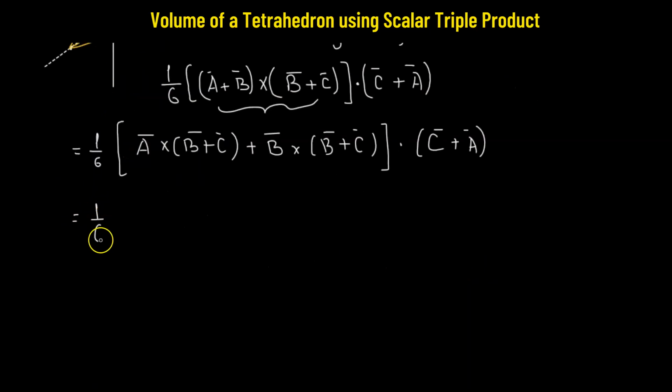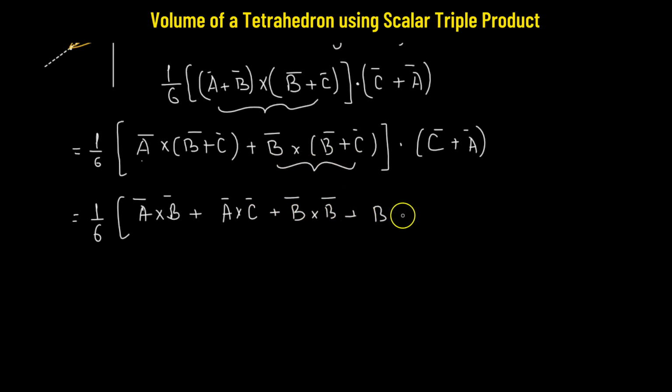We distribute a with b plus c, so that will be a cross b plus a cross c, plus we expand this as well: b cross b plus b cross c, dotted with c plus a.